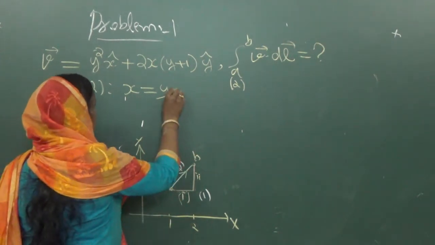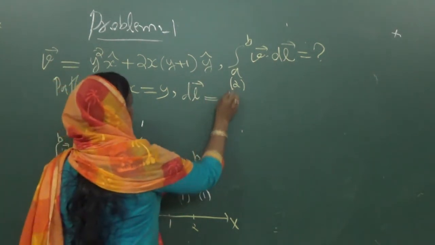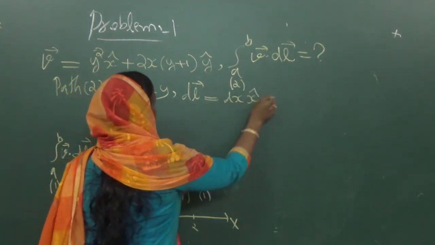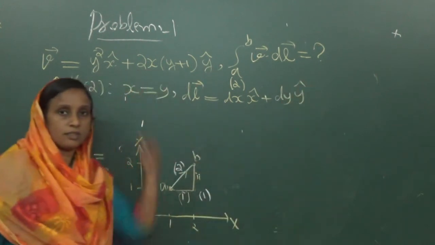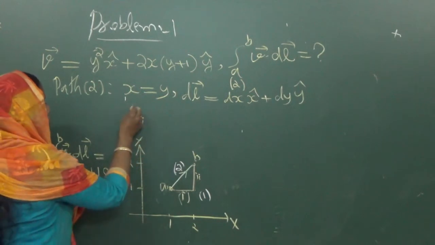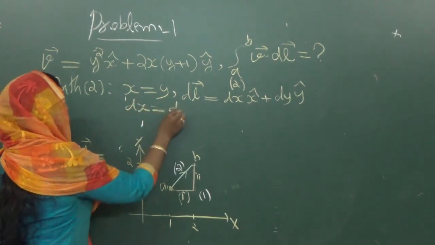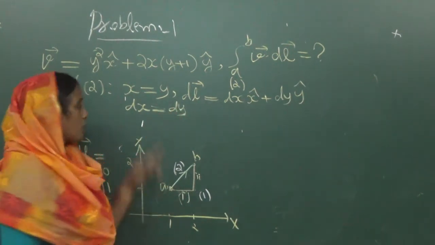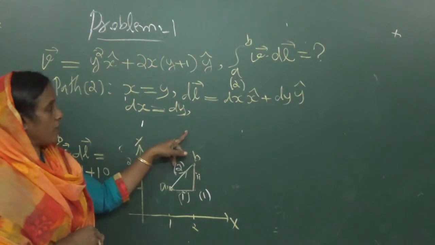Similarly, dl equal to dx x cap plus dy y cap. But from the relation x equal to y, you can see that dx equal to dy.